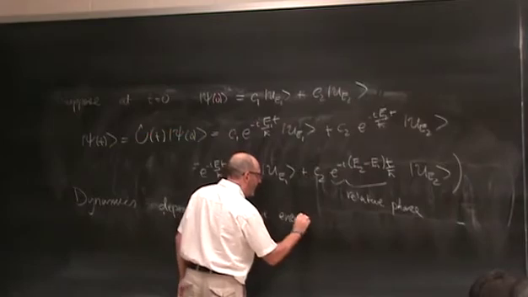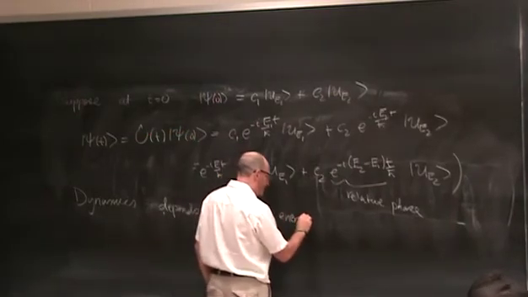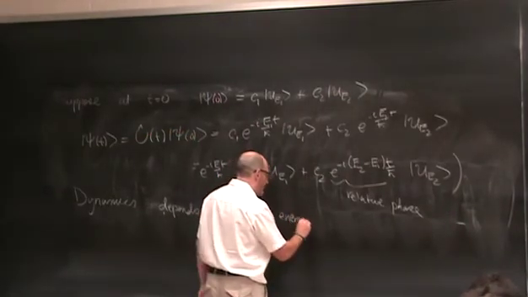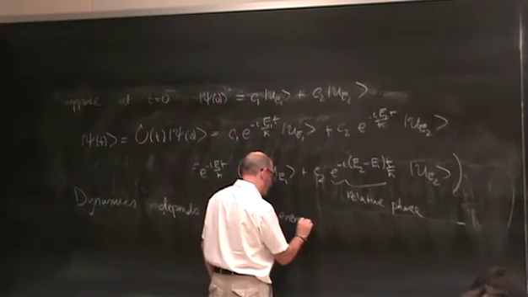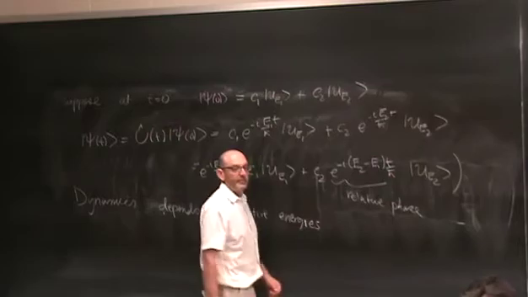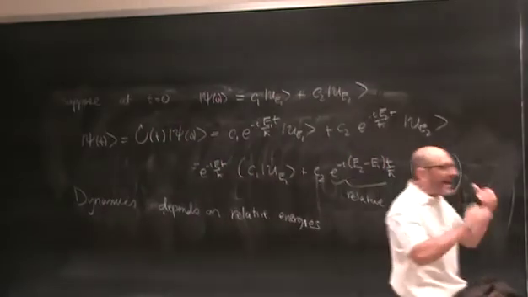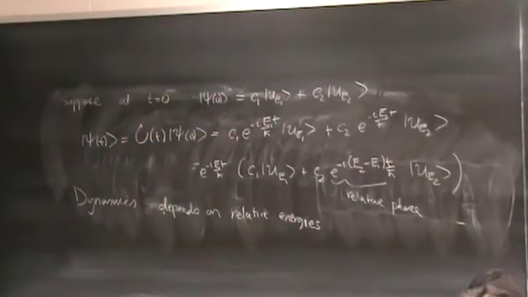Note the overall energy of the system can be set wherever I like. What the ground state energy actually is doesn't affect the dynamics. What affects the dynamics is how different energies are relative to some initial fixed energy.